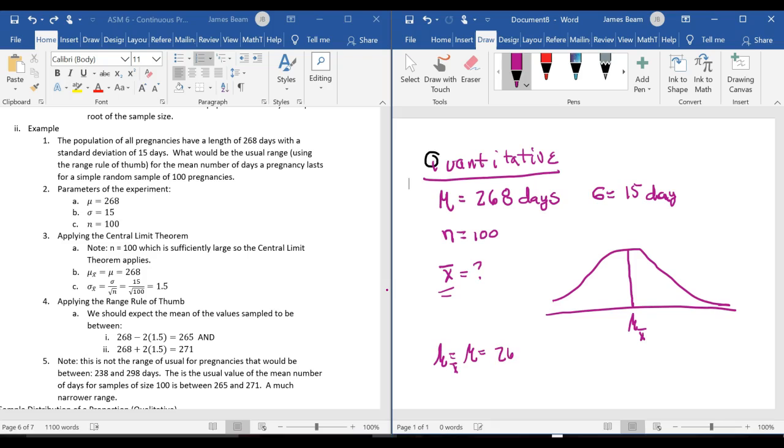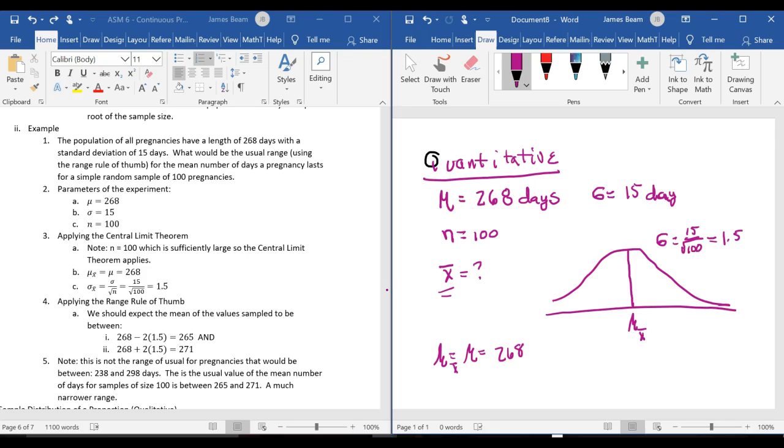It happens to be 268 days. Now, if I take all of those means from the samples and I look at that bell curve, its standard deviation is going to be 15 over the square root of the sample size 100, which is 1.5.